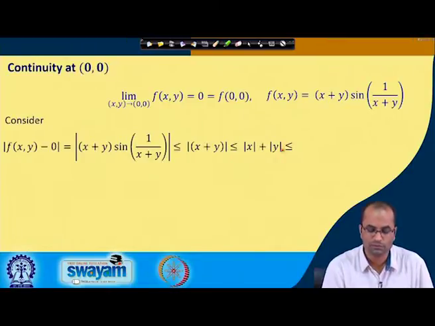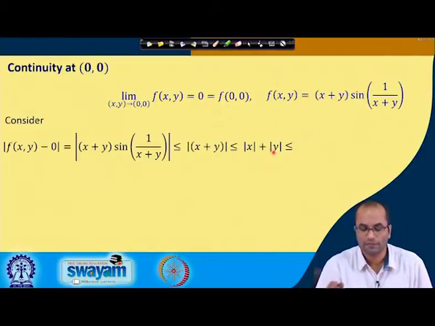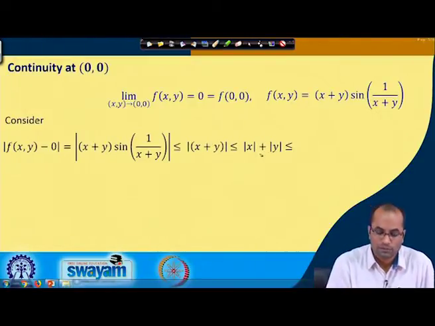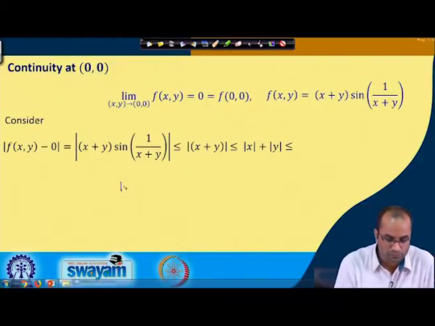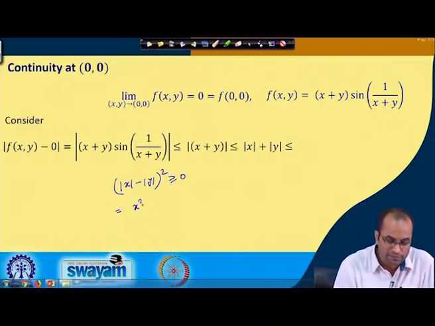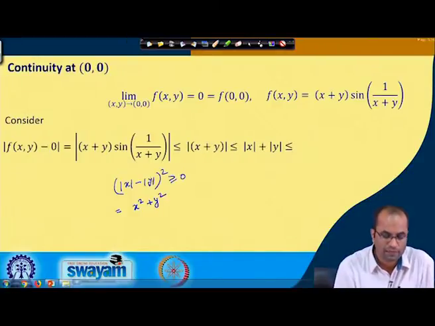And now we will make a calculation to estimate this absolute value of x plus y in terms of the neighborhood. If you remember, we need to set this inequality in terms of the neighborhood, so that we can get the relation with delta and epsilon. Here, if we consider absolute value of x minus absolute value of y whole square, this will always be positive because it is a whole square term, and we have x square plus y square minus 2 times absolute value of x and absolute value of y, which I can bring to the right hand side.